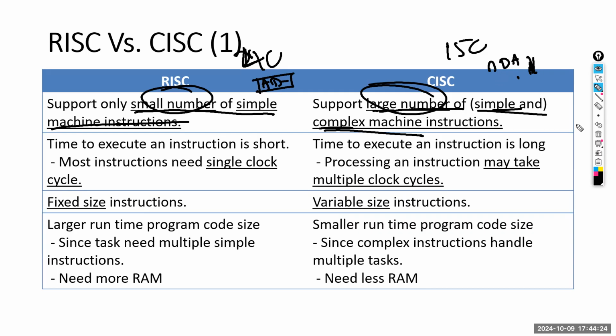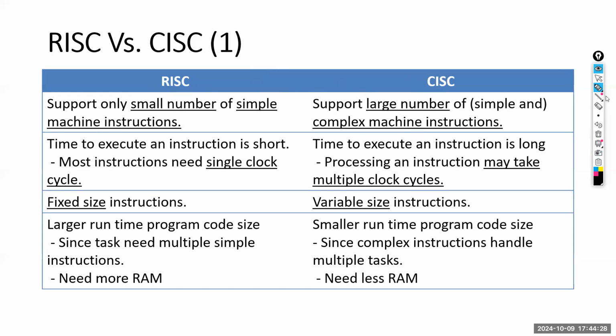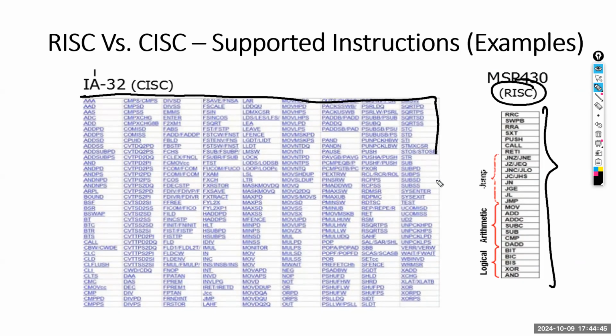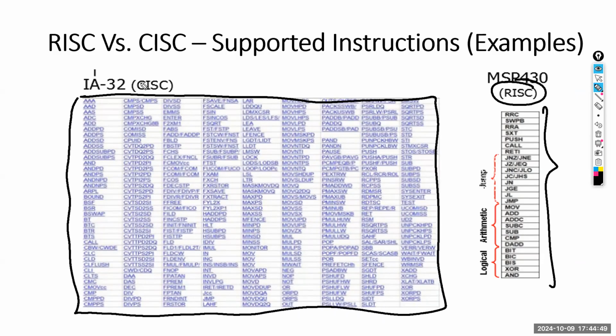For example, I will show you the set of instructions supported by a particular RISC processor and a CISC processor. This is the set of machine level, binary level instructions supported by a particular RISC processor. You can see just a very small number of instructions. This is the set supported by a particular CISC processor.